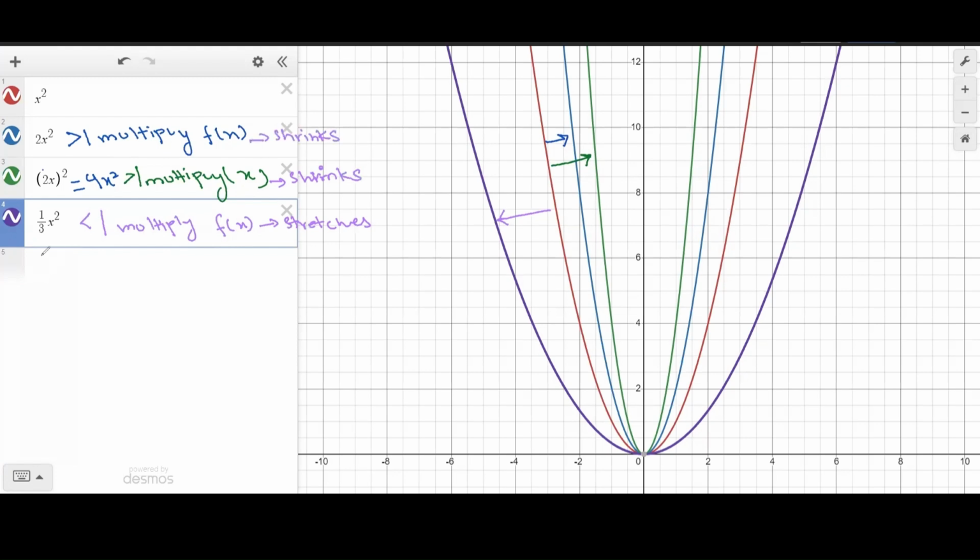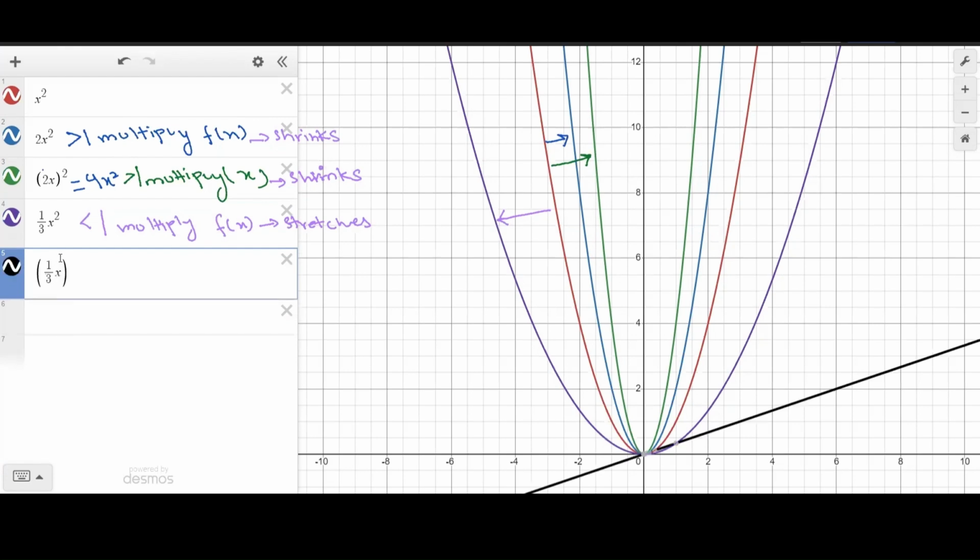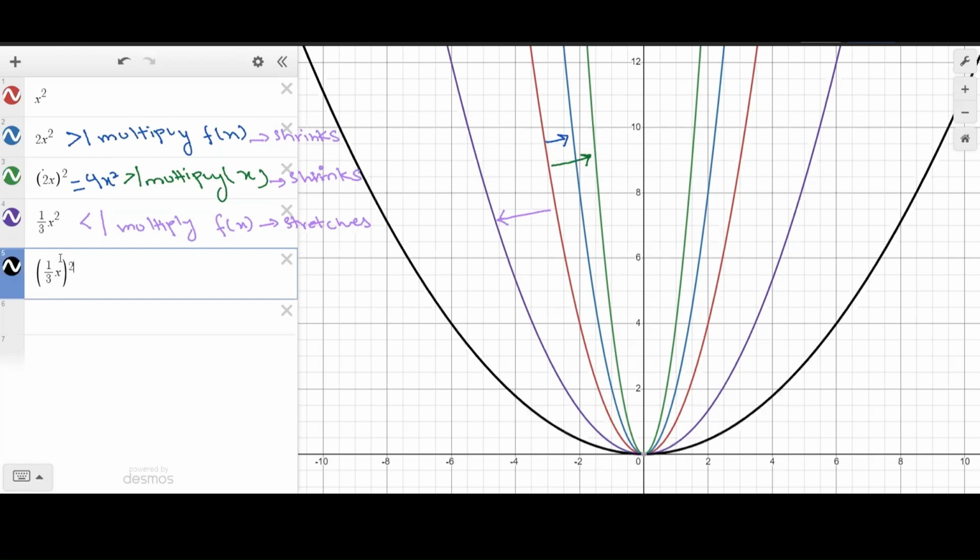Okay. Now let's plot a function where we are dividing the input of the function, and let's notice what happens then. So the input is x. We are changing the input to 1 over 3x, and then we can take the complete square of this function.